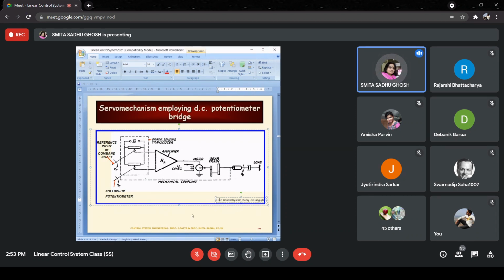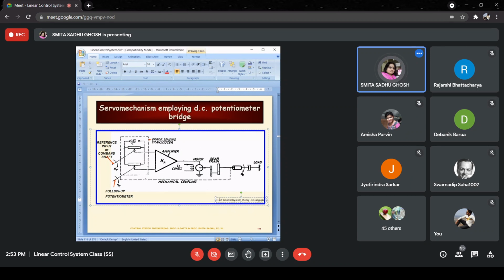So, the entire diagram is given over here, the schematic diagram actually. I'm saying schematic because you will see that some things are not exactly drawn as they should have been, but it's sufficient as an indicative or representative diagram, right? So for example, over here, the dotted portion is giving us the error sensing transducer.